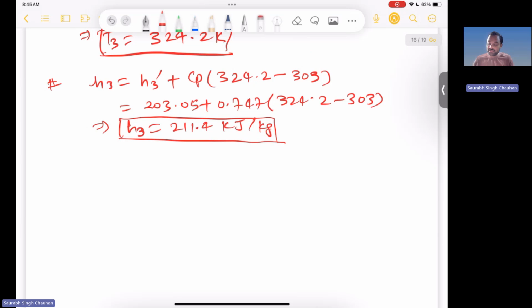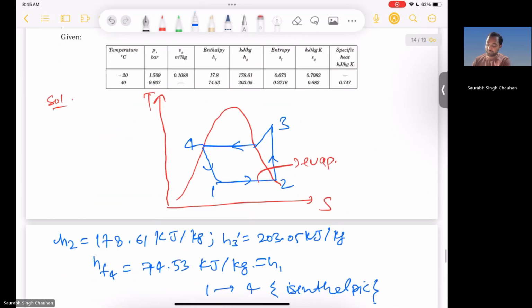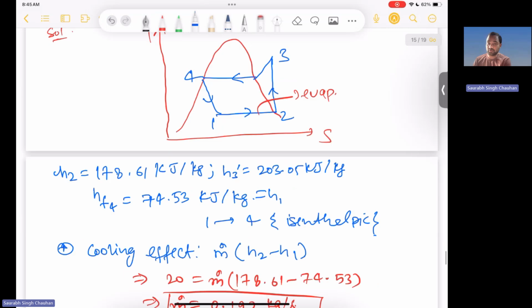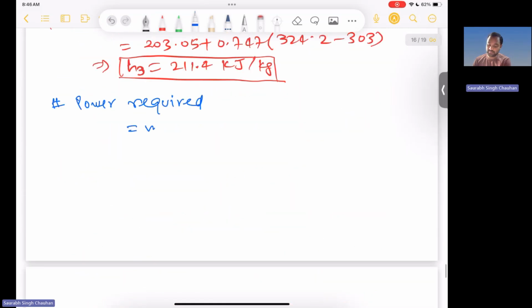So how much power is required to run the compressor? Compressor is 2 to 3. Power required will be equal to m dot times H3 minus H2, right?